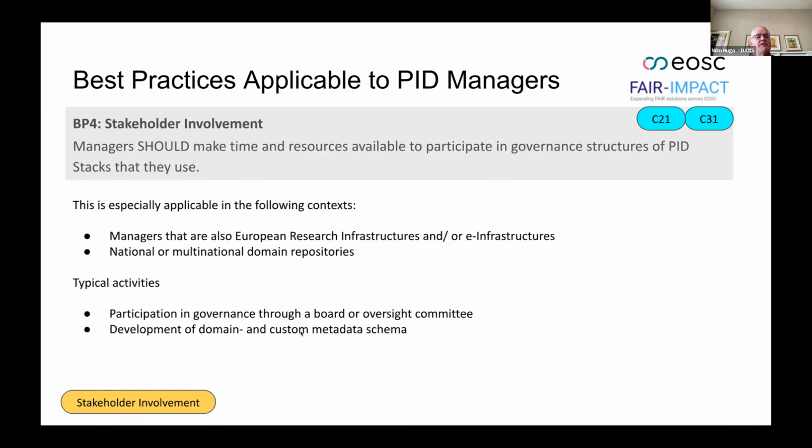Then, things that managers should consider, best practices, is to become involved as a stakeholder in the governance structures, both technical and social, in these PID services, because opportunities to do so exist. So that would be a very good thing to do.